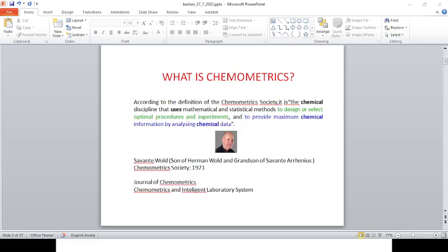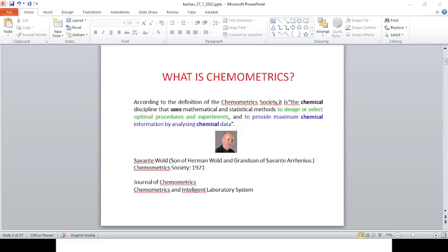So who coined this term? We like to know. This term was coined by Professor Svante Wold. He was professor of chemometrics at the Department of Chemistry in Umeå University. It's a university in the north of Sweden.